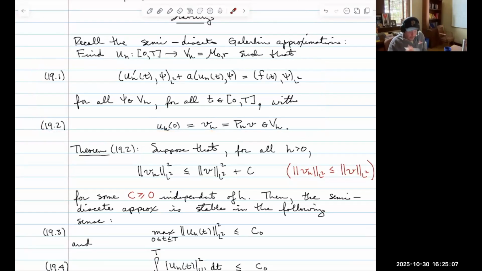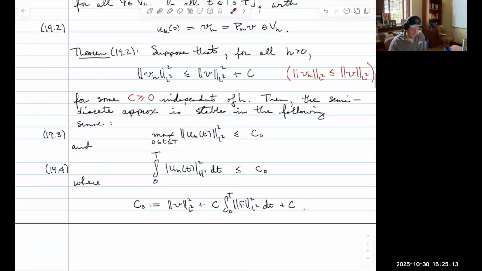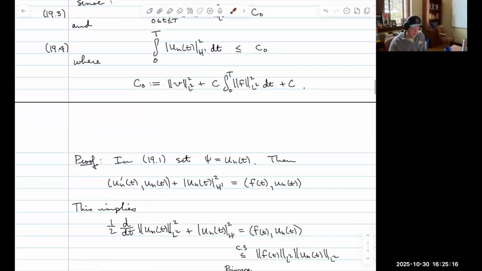How do we do that? Notice that this test function can be anything from VH. So whatever I put in there should be from VH. That's an important point. So what do we want to pick? Well, UH is a perfectly good function in VH. So let's use psi equals UH. If I insert that, I get this equation, right?